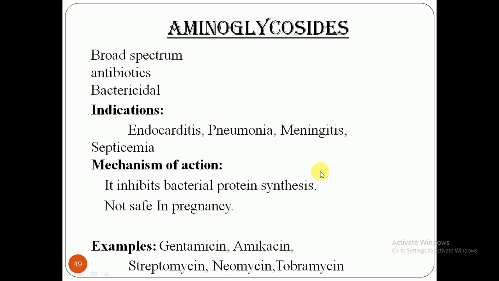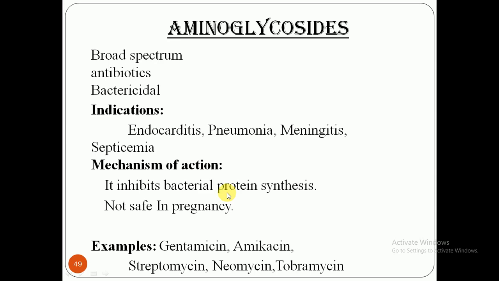The mechanism of action of aminoglycosides is that they inhibit or stop bacterial protein synthesis. In simple words, aminoglycosides are also called protein synthesis inhibitors.